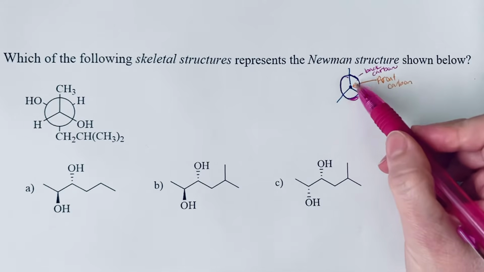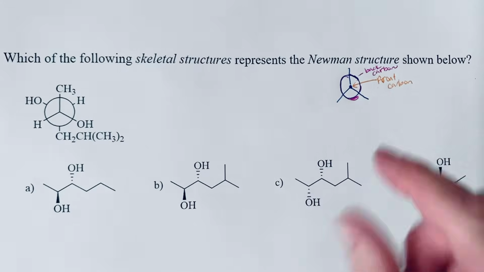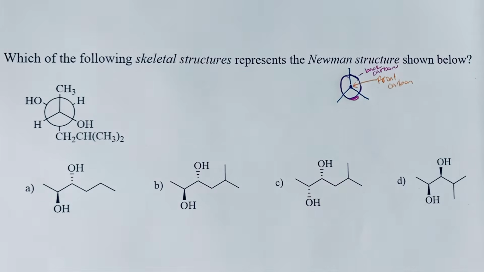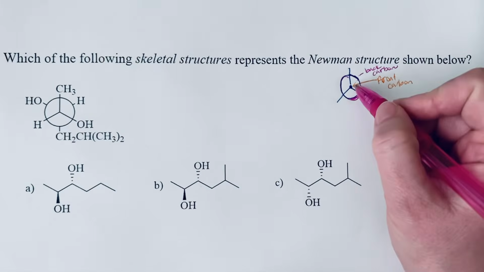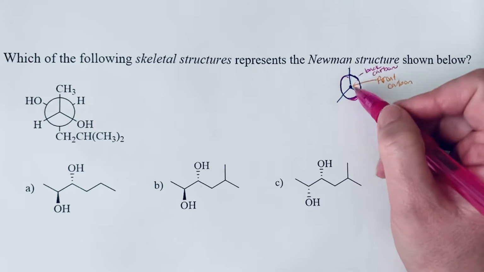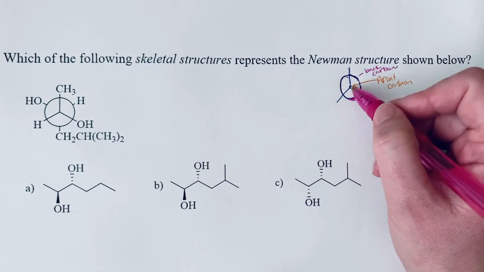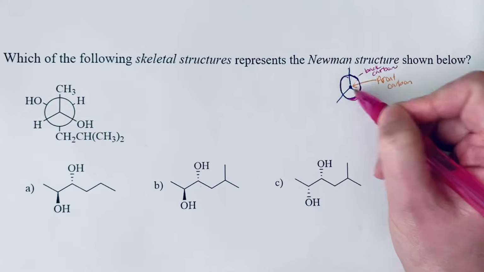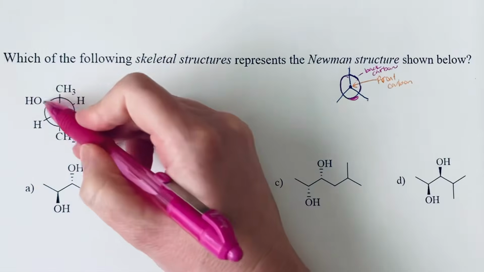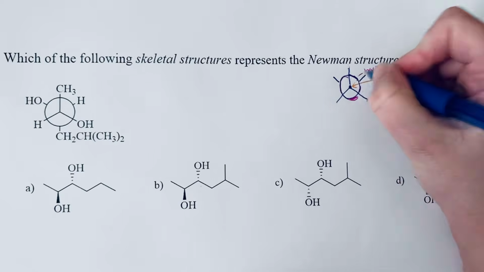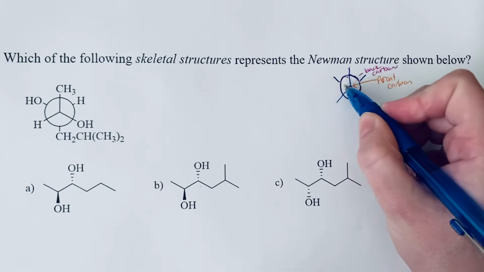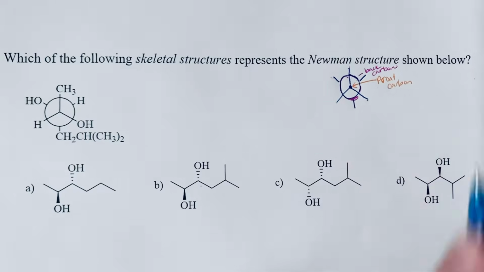And the bond between these we can't see, because we've oriented the molecule so that we're looking straight down that bond. Off of that front carbon atom, you have a bond that's sticking straight up, one that is pointed down and to the left, and one that is pointed down and to the right. And then off of this back carbon, we have bonds that are angled up and either to the left or to the right, and then a bond that's going straight down.